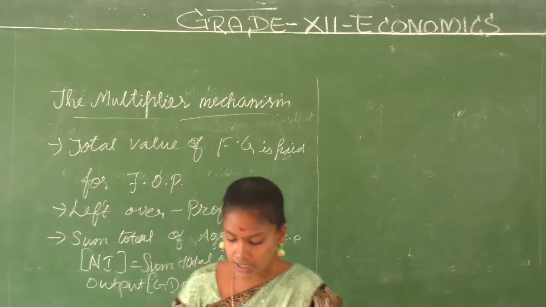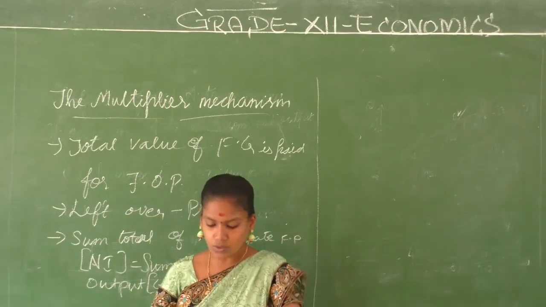So the national income should be equal to the GDP is what we are going to say.